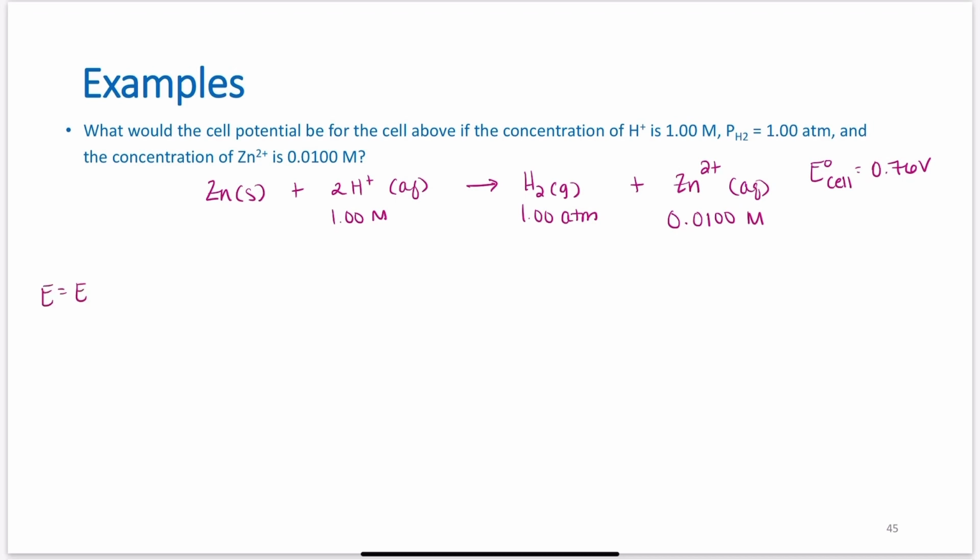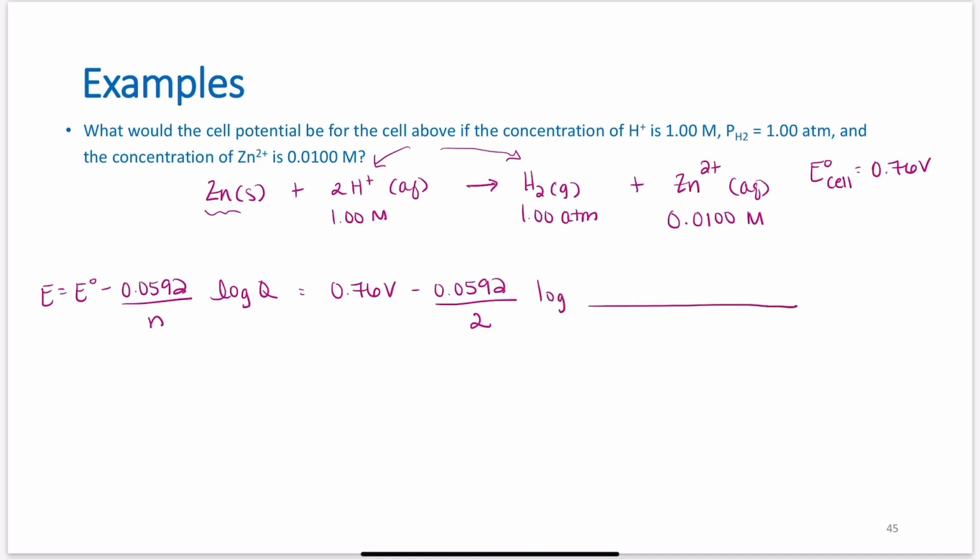E equals E naught minus 0.0592 over n times the log of Q. Standard cell potential, 0.76 volts, minus 0.0592 over n. I've got 2 moles of electrons transferred, right? Zinc loses 2 electrons. Each hydrogen picks up 1 to form H2 gas and Zn2+, so 2 electrons transferred, times the log of Q, products over reactants.